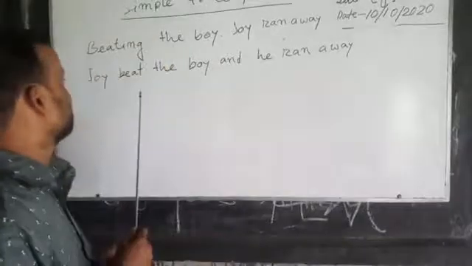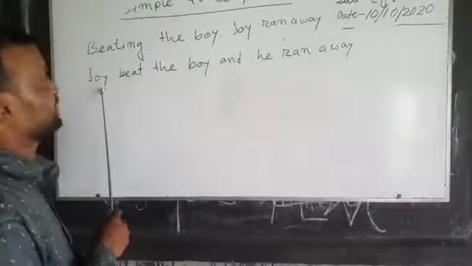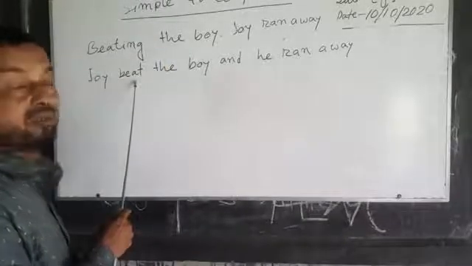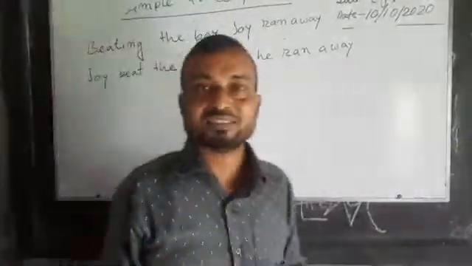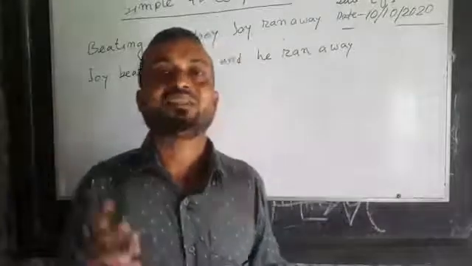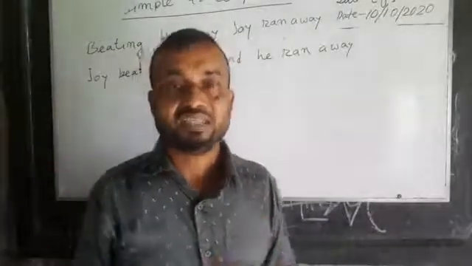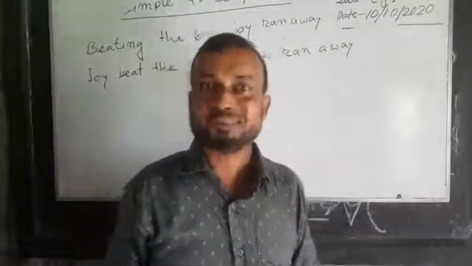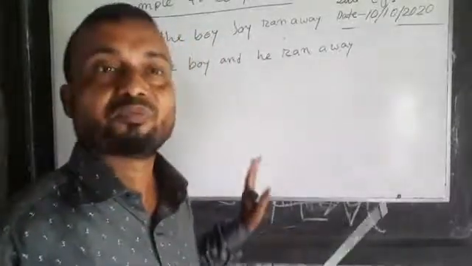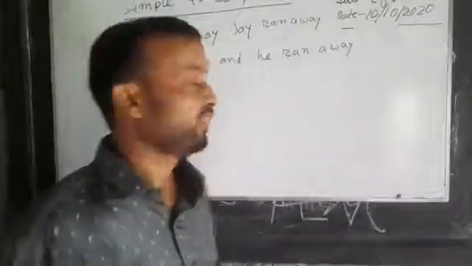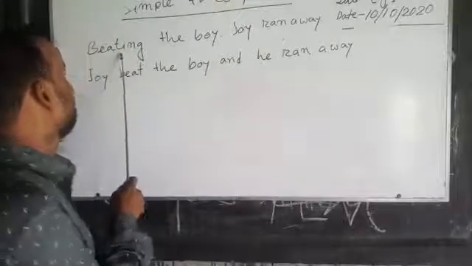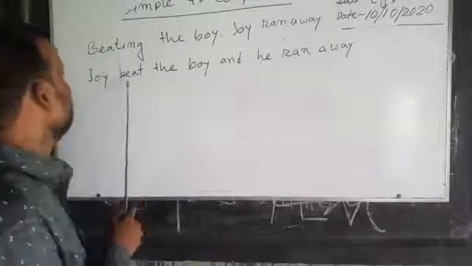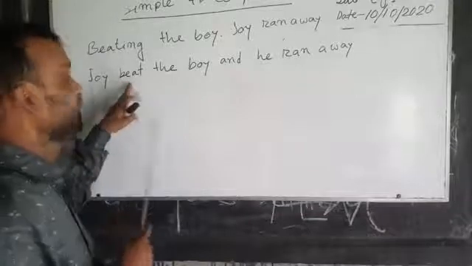So at first we have to use subject then verb. If the simple sentence starts with verb plus ing, at that time we have to use the verb from the gerund. So here this is beat, this is the verb. So we use the verb beat here.